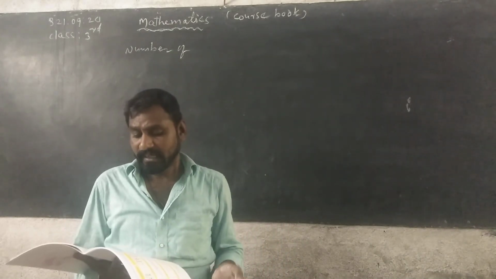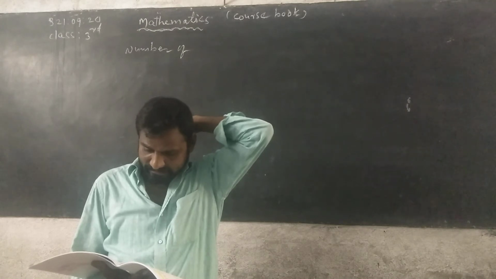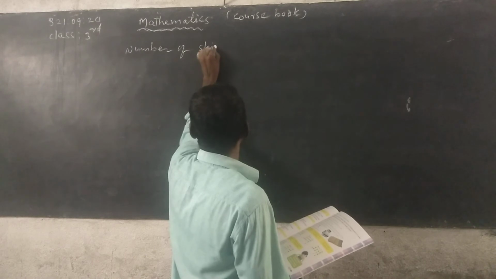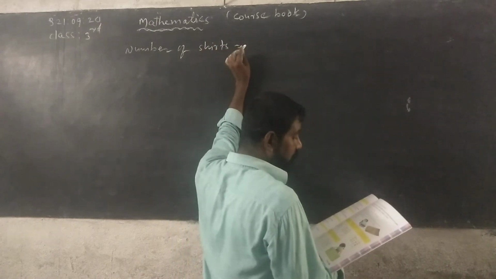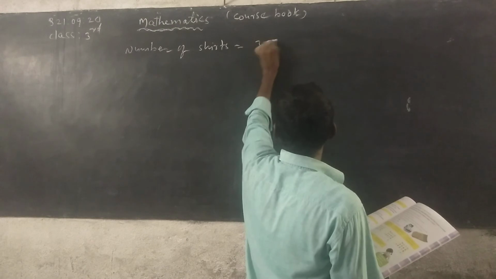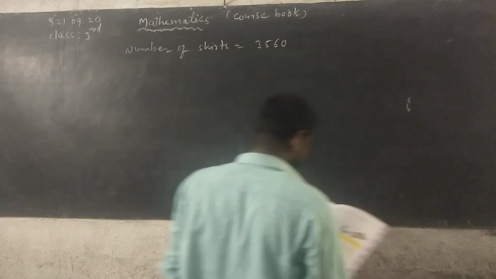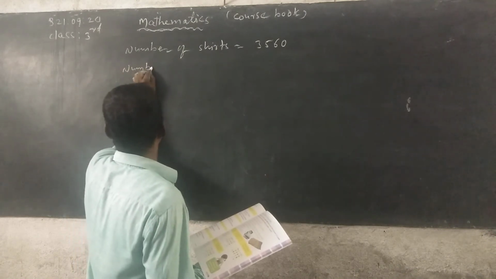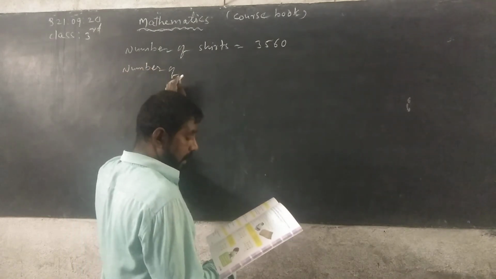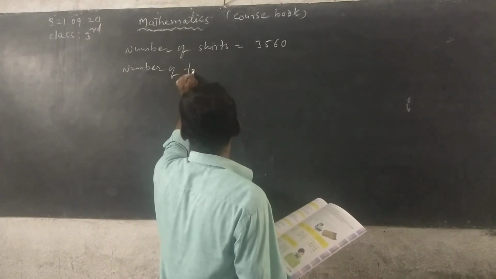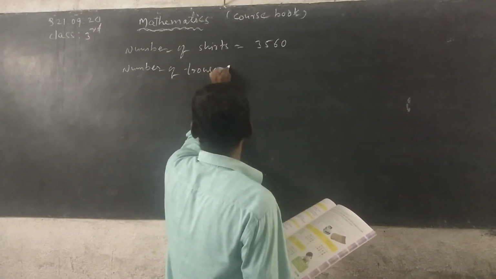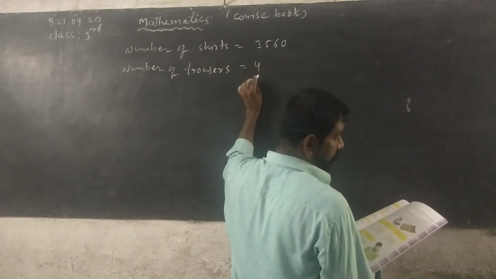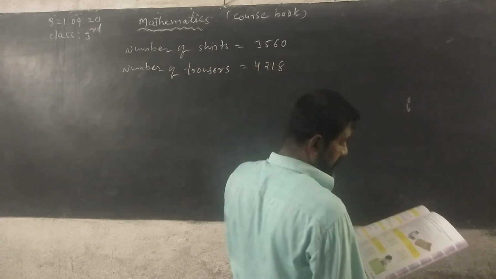See here, number of shirts is equal to 3,560. Number of trousers is 4,280.